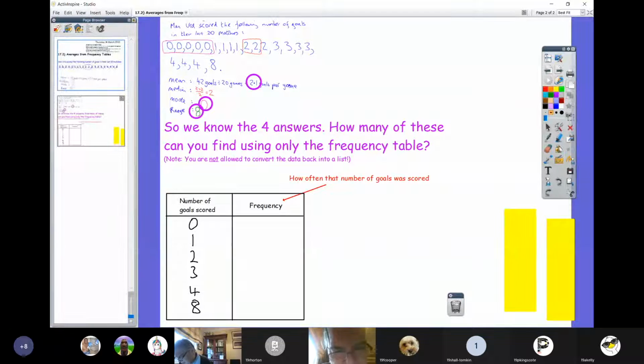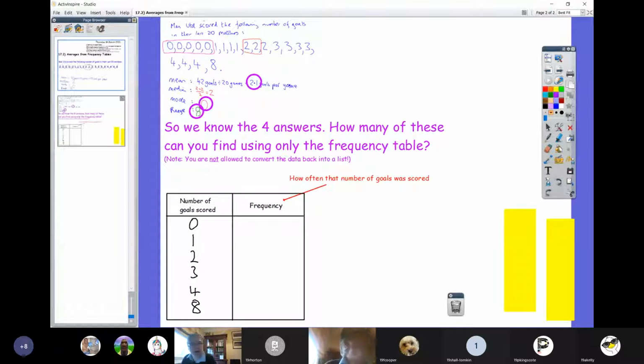So what we have in the first column is the number of goals that Manchester United have scored. And sometimes they've scored no goals, sometimes 1, sometimes 2, sometimes 3, sometimes 4, sometimes 8. And in the frequency column, that's how many times it happened. Now, how many times did they score 0 goals?